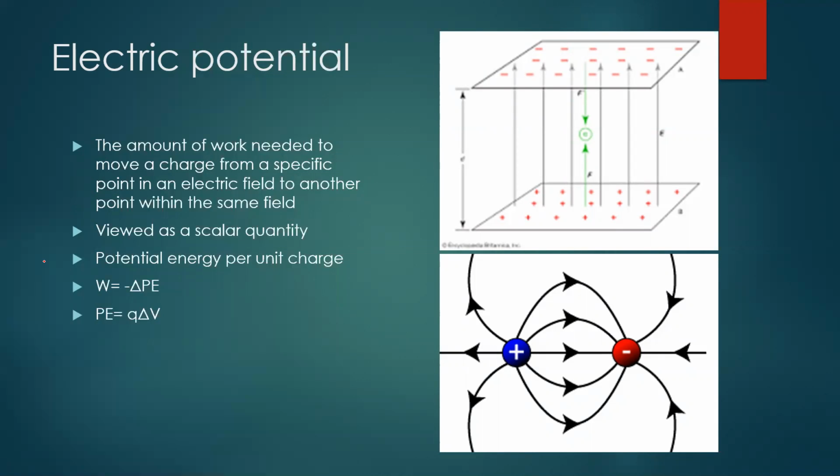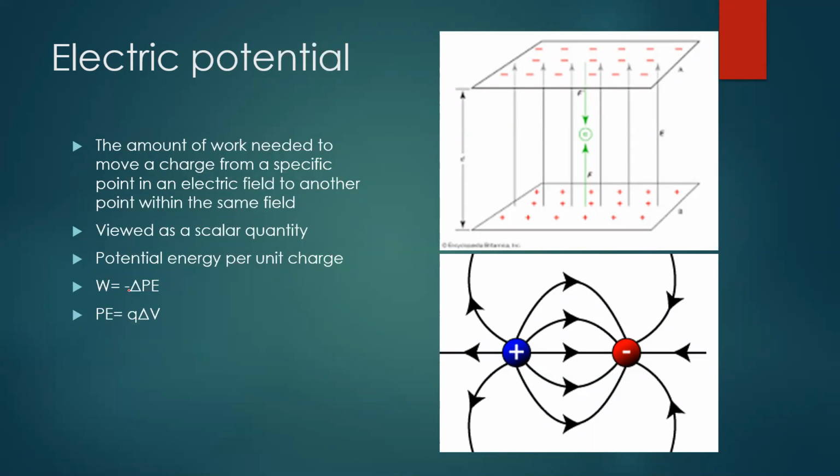Electric potential is related to gravitational potential, where kinetic energy and potential energy correlate with work. But in an electric sense, we remove the kinetic energy from the equation, and we directly correlate potential energy to work.